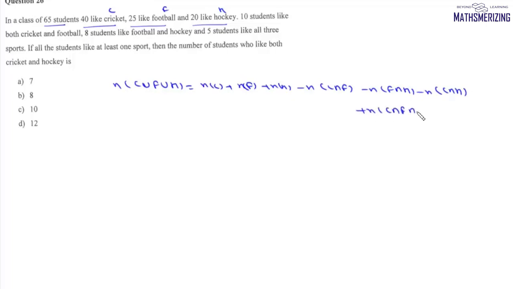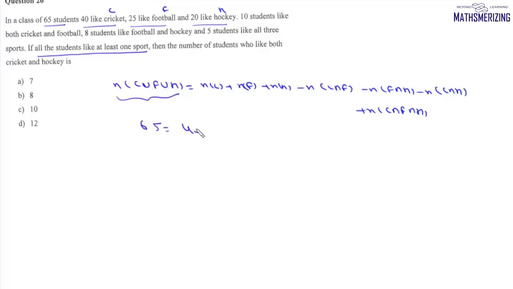So n(C union F union H) is n(C) plus n(F) plus n(H) minus n(C intersection F) minus n(F intersection H) minus n(C intersection H) plus n(C intersection F intersection H). Now all the students like at least one sport, so that means n(C union F union H) is 65.